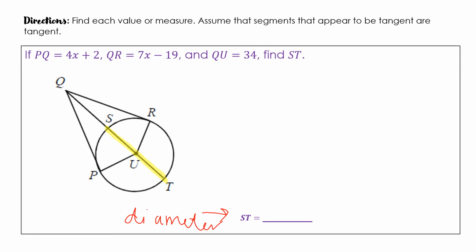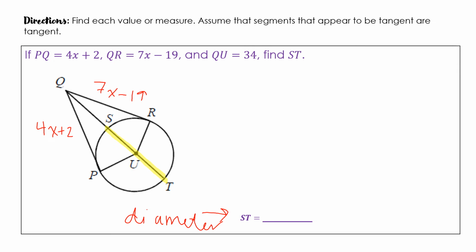We know that PQ is 4x plus 2, and we know QR is 7x minus 19, and we're told QU, that whole long segment right there, is 34. I am going to wait to use that 34 for just a minute.